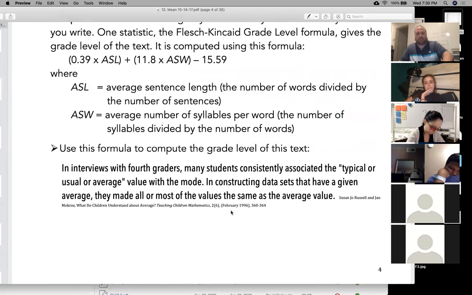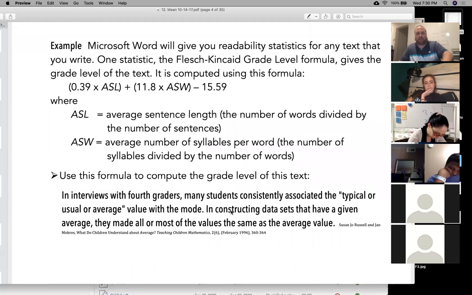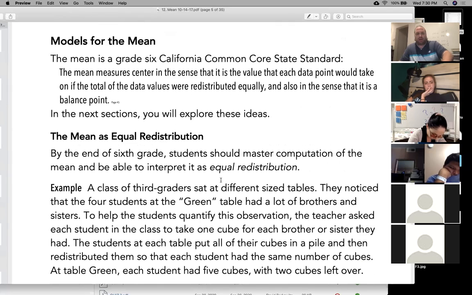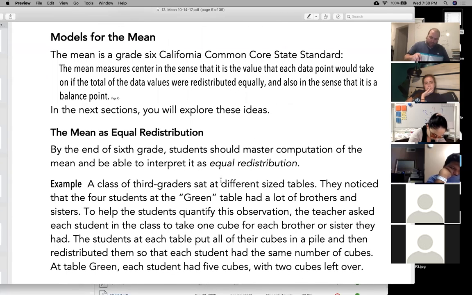Let's take a look. We had this weird formula here for determining the grade level. That's just an example. Okay, so talking about the mean, we had multiple conceptual understandings of the mean. All right, remember this. One was the equal redistribution method.